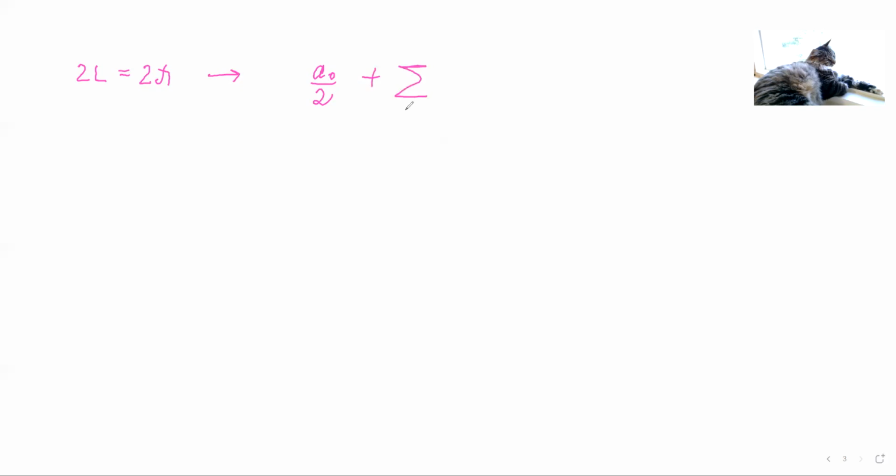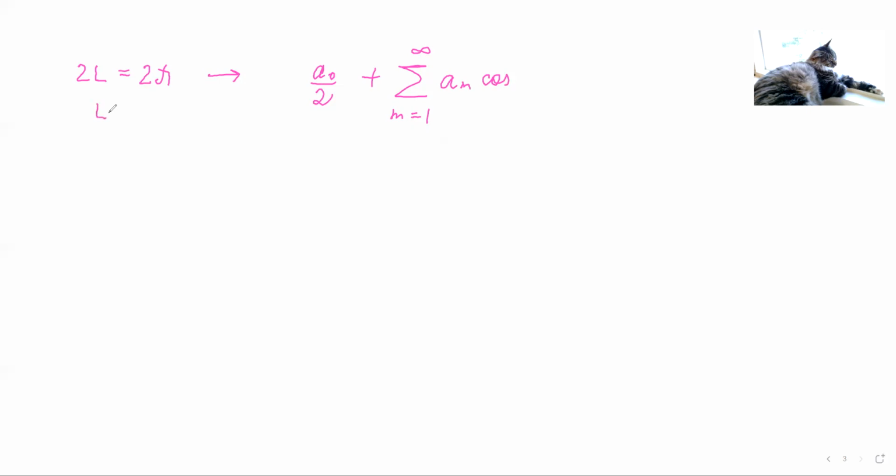plus sigma m equals 1 to infinity a m cosine. If I do 2 pi, well, I actually wanted to make L. Yeah, L is equal to pi, right?